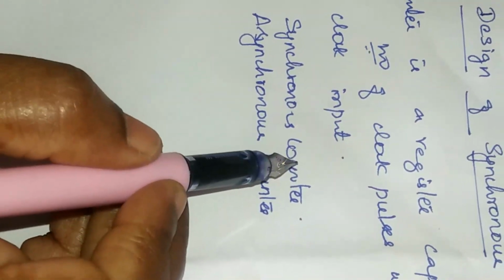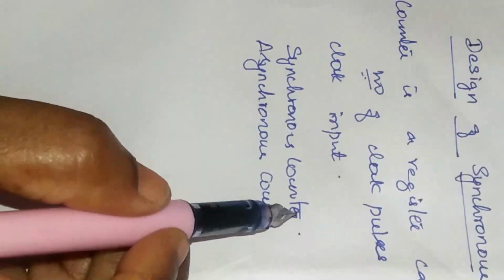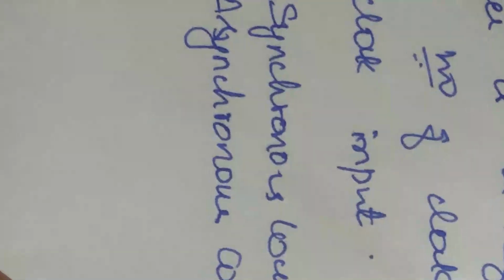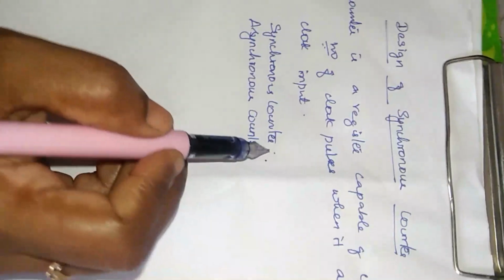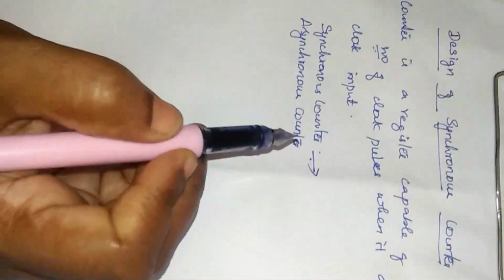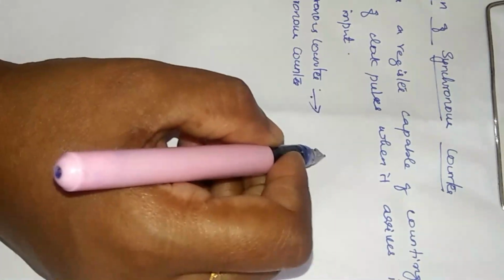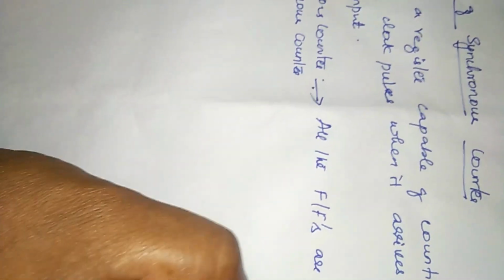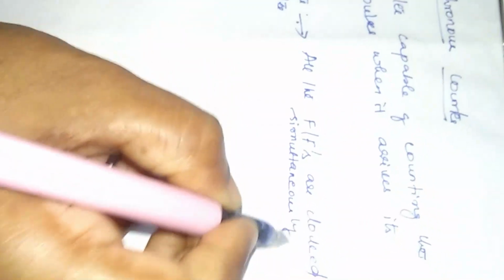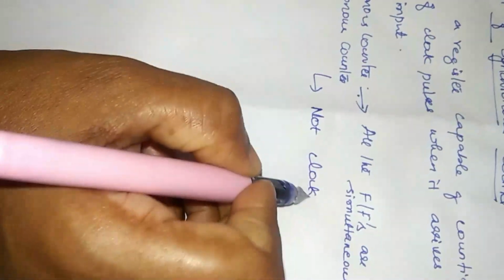A synchronous counter is a type of counter where there is no connection between the output of the first flip-flop and the clock input of the next flip-flop. That is, all the flip-flops are clocked simultaneously in case of synchronous counters. In an asynchronous counter, the flip-flops are not clocked simultaneously.